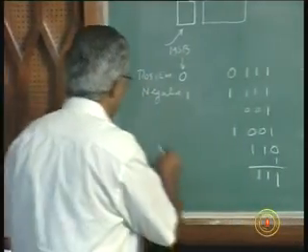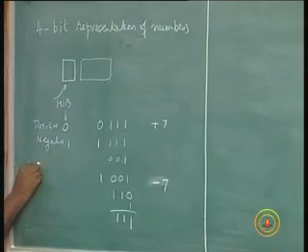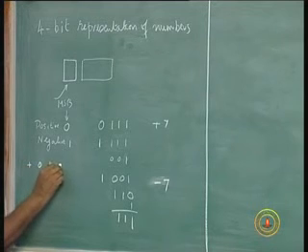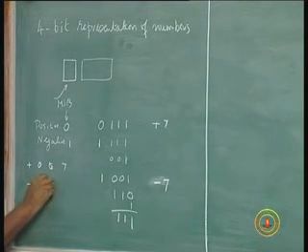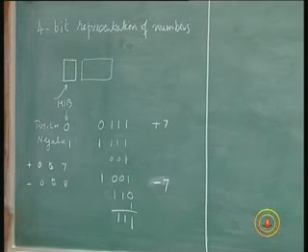So that means positive numbers go from 0 to plus 7, negative numbers go from 0 to minus 8.